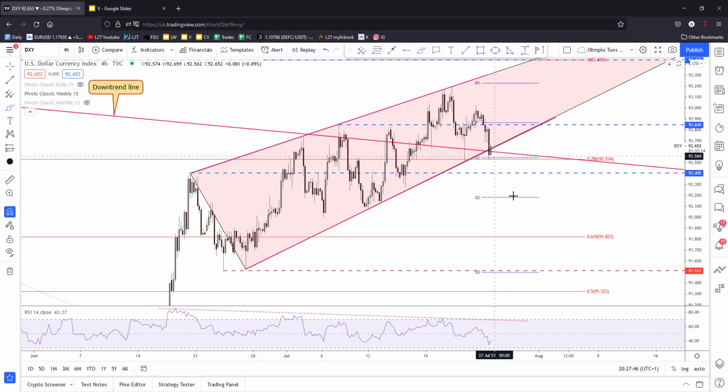It's hard to believe that the DXY will print a bullish engulfing here, but still, if this candle closes above the uptrend line, with a test and retest, another false breakdown could signal a potential rally, upside movement here in the short term. So that's why we'll have to wait here for something, this confluence area.